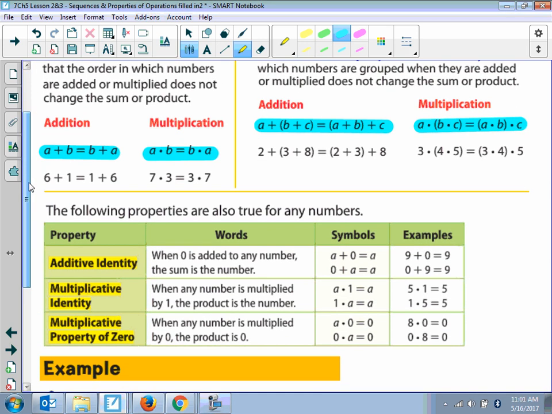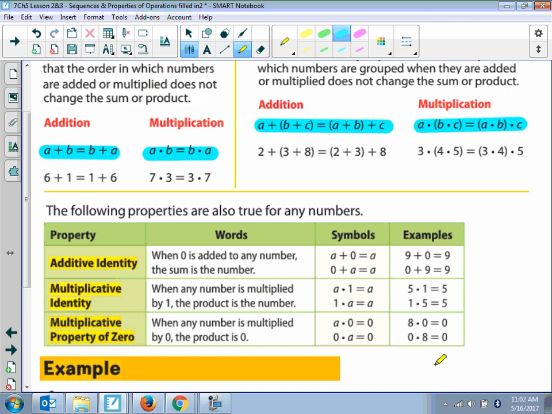Here, these properties down here, I want you to make sure you write these down also. You can write the name of the property and the general form. Okay? We've been working with these properties forever. You know these are true, you just did not have a name for them. Okay? So the additive identity says when 0 is added to any number, the sum is that same number.